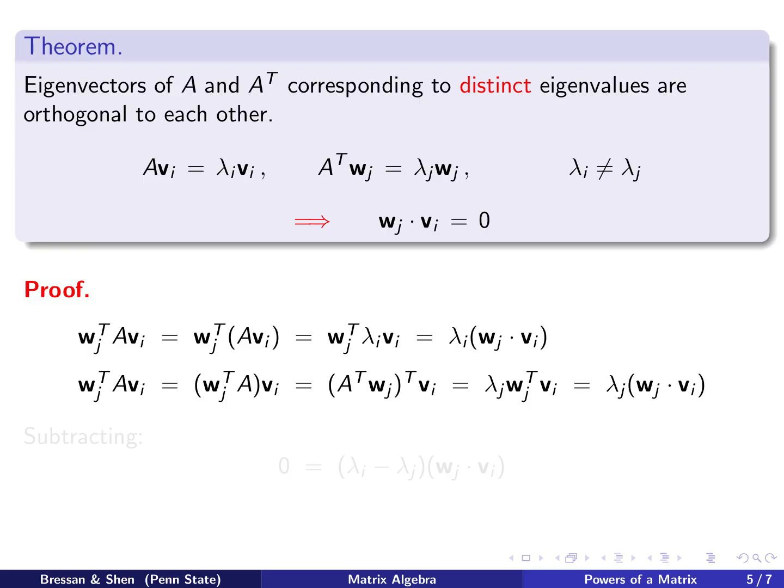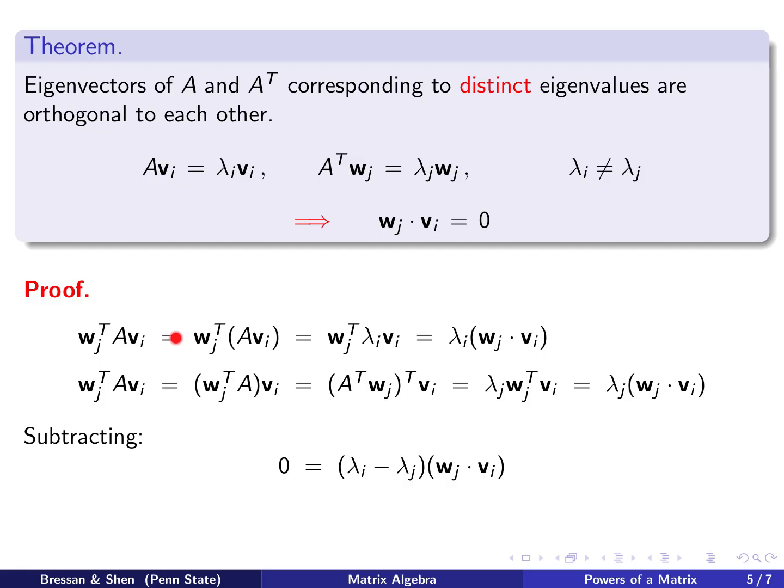So now we have found two different expressions for this same quantity. This quantity can be computed by this, and the same quantity can be computed by this expression as well. Now we can subtract the two equations.